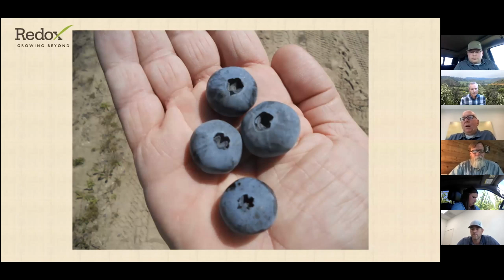So we spread that out, a 3 application regime spread about 14 to 21 days each, starting at initial bloom. We have data showing that gives us about a 12% increase in berry size and overall yield. Now, this case we're looking at here, this has also been complemented with some additional inputs.